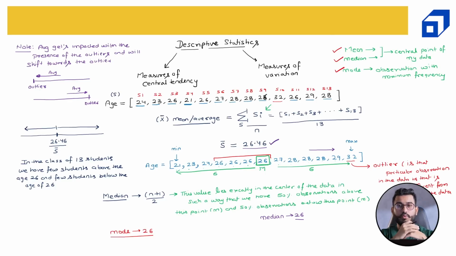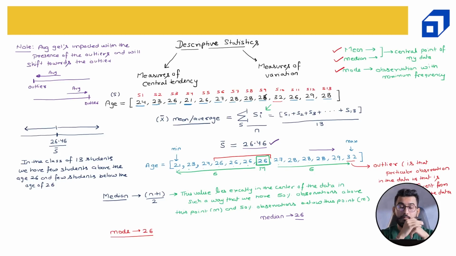Now, if I go to my principal and tell my principal that the average age of my class is 26 with 13 students, then it gives a rough idea to the principal that okay, we have a center point 26 and we have few students above this point, few below this point.